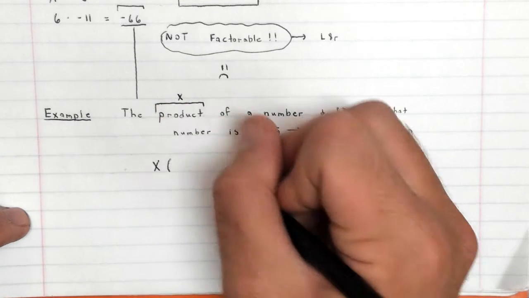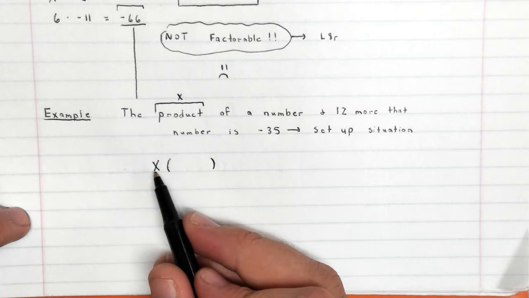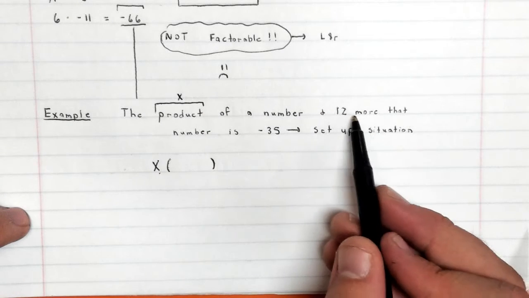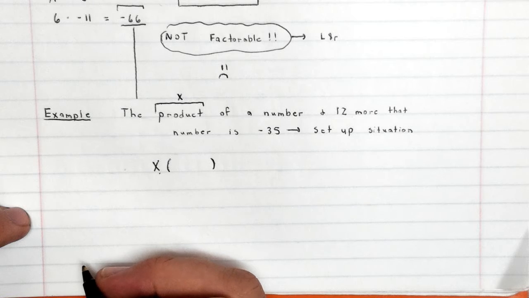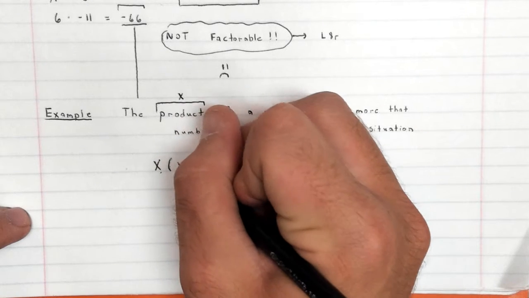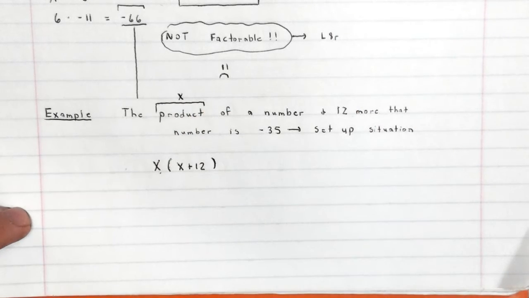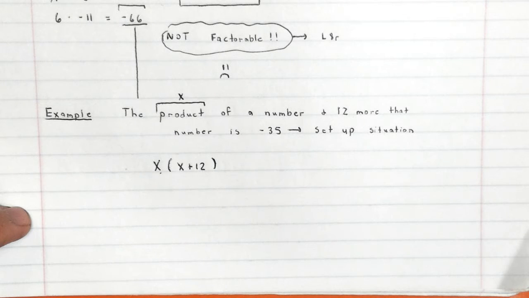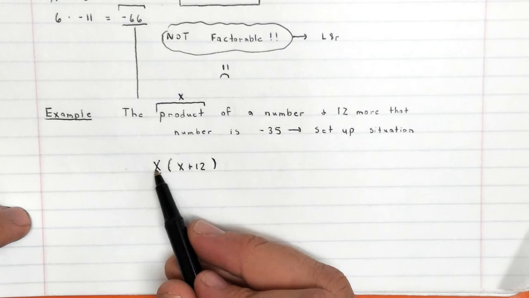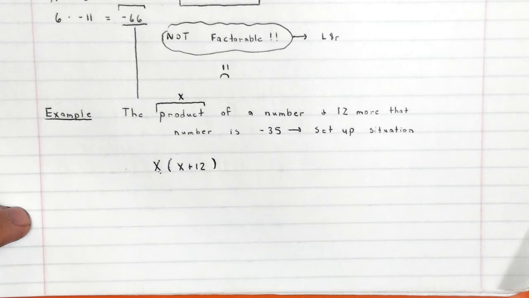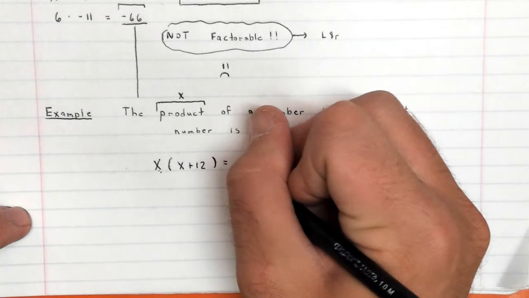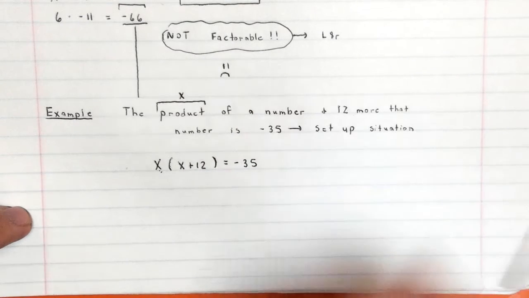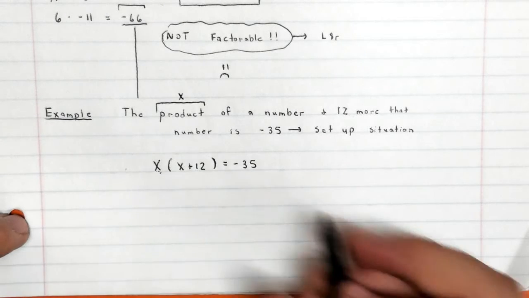The product means I multiply, so the number x, 12 more than that number. Well, 12 more than means I take that number and I add 12 to it. I know the product of this number and 12 more than the number is going to be equal to negative 35. Oh, well, this doesn't look that bad.